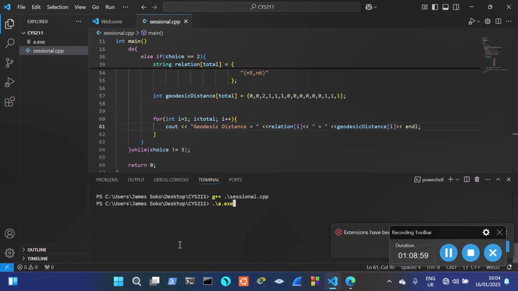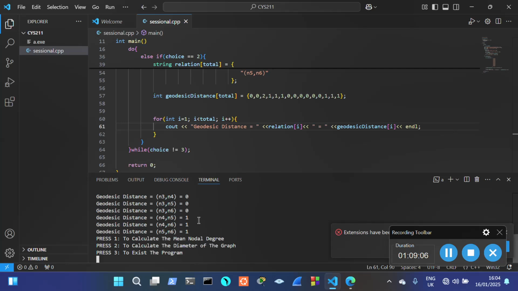If I say 2 to calculate the diameter of the graph, I'll see that I have the geodesic distances, everything we had from the question, from 0 all the way to the last value. As you can see, the program makes sense because we can see the geodesic distance.